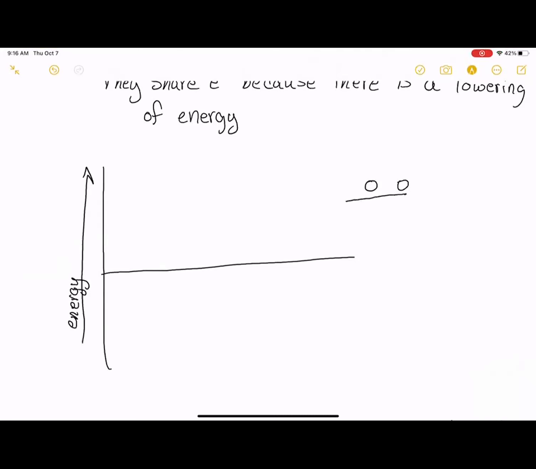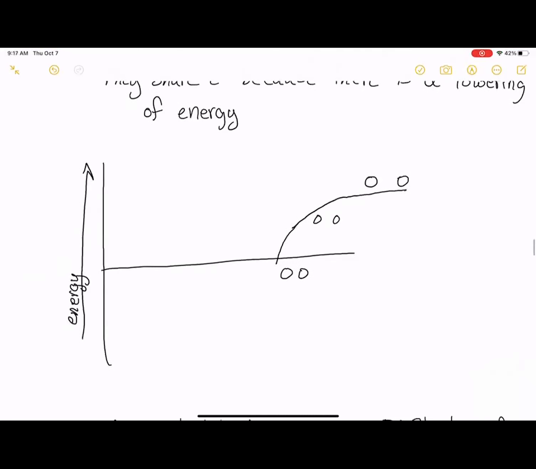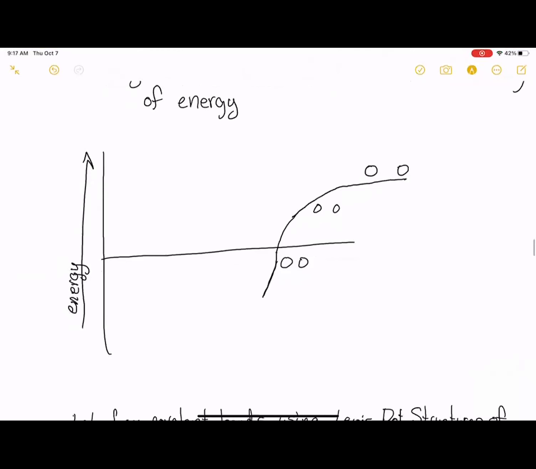What we know is that as those atoms come closer and closer together, we start to see the energy lower. And at some point, those atoms are going to reach what is known as the ideal bond length. We'll talk about the bond length a little bit more, probably next week.